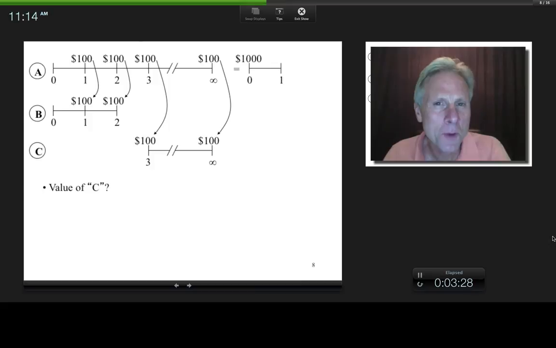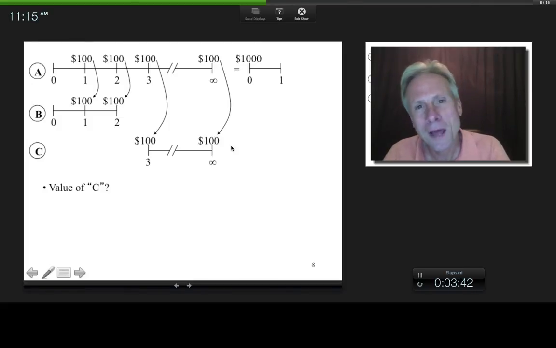Now, is C a perpetuity? It is. It's equal cash flows between equal time periods that go on forever. So what is the value of C? Could I apply my perpetuity formula? I could, which is C over R. What's the C? 100, and the R, 0.1.